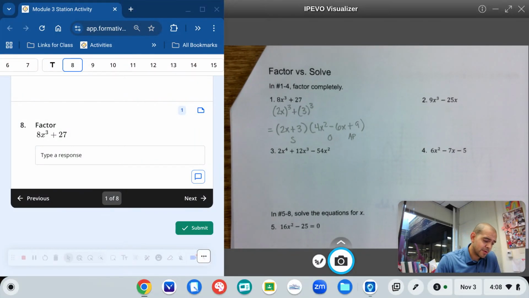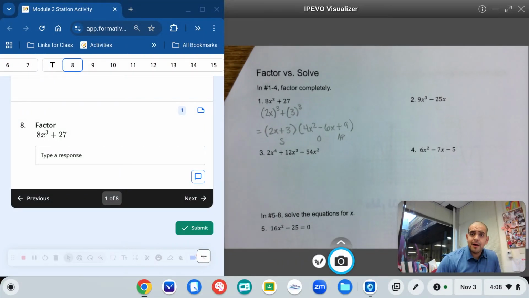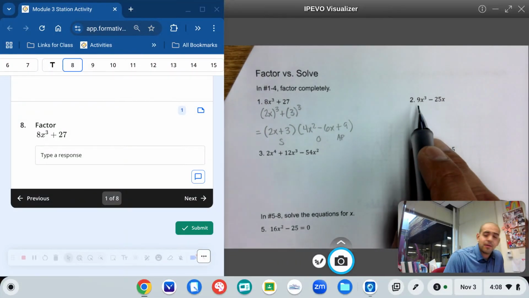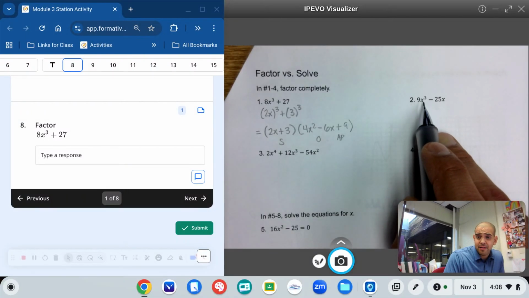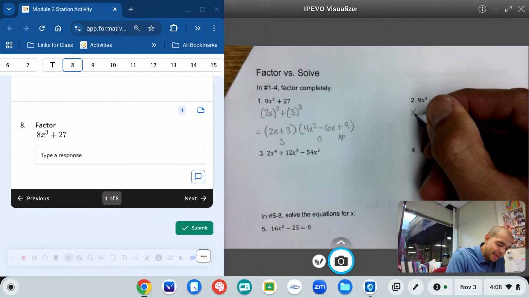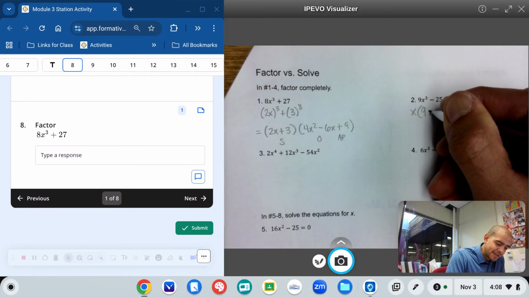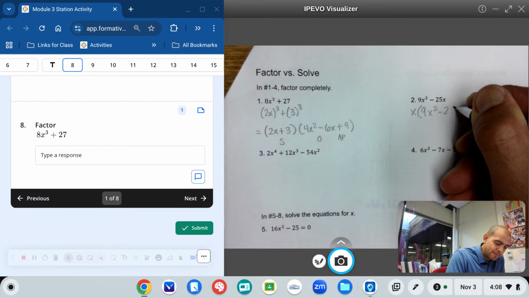Okay, number two. You've got to see, can I factor anything? And you can factor out an x. So an x is factored out, and this is 9x squared minus 25.